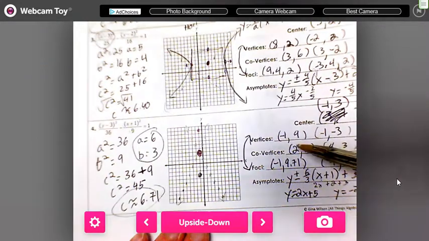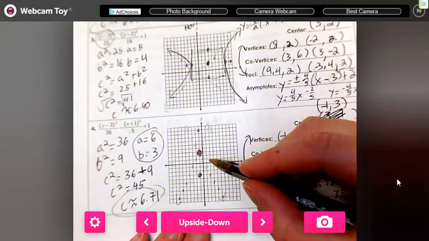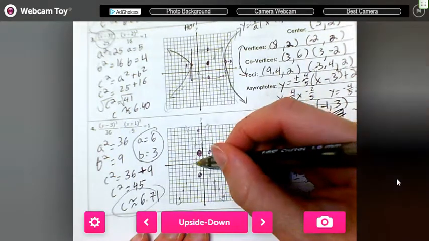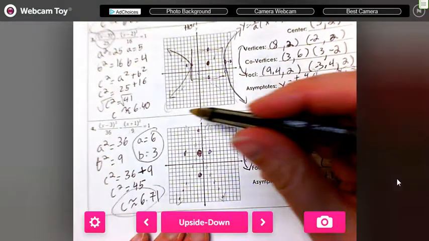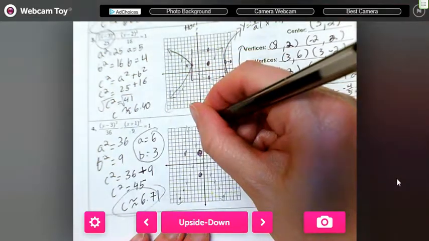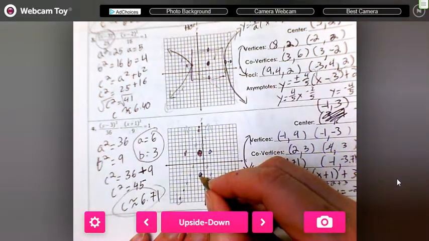Okay, we're going to go for our covertices. We're going to go to the right 2, up 3, to the left 1, 2, 3, 4, up 2, right there. And then my focus points are going to be negative 1, 9.7 up here, and negative 1, negative 3.71.